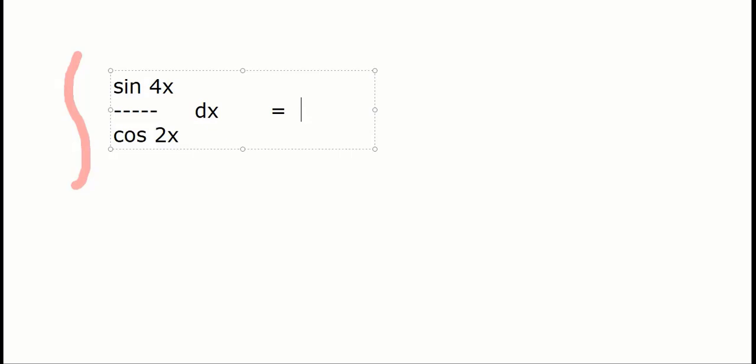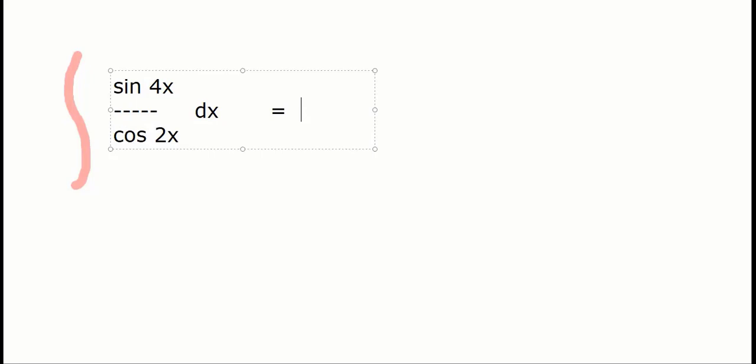Tell me guys, it is very easy. Okay, Jayasuriya, minus cos 2x plus c. Others? Same way, write sin 4x as 2 sin 2x cos 2x, the cos 2x cancel. The final question becomes 2 sin 2x, and the integration of that will be minus cos 2x.